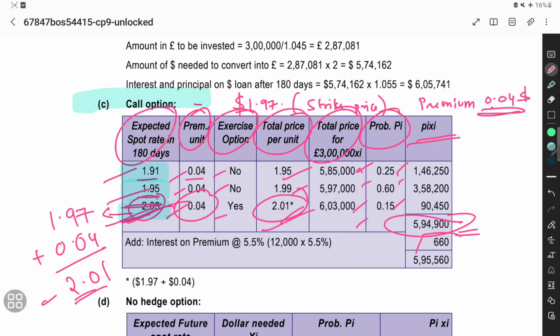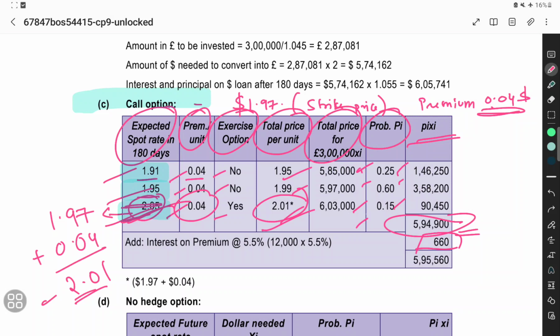The 660, and this is actually very correct of the institute to do this as well. Because by default we are assuming that we don't have any funds. But the premium of 0.04 per unit will have to be paid today, spot, upfront. So if I don't have any funds, I will have to borrow these funds.